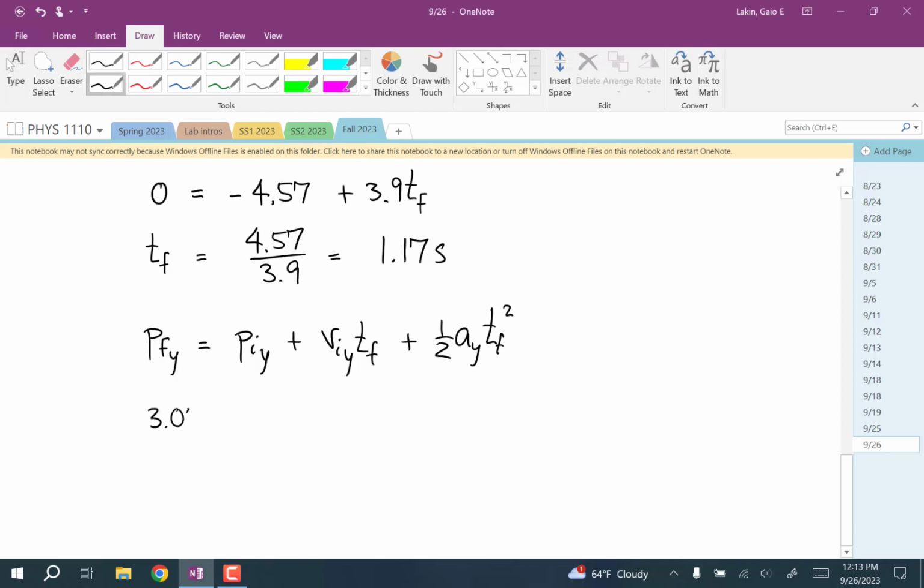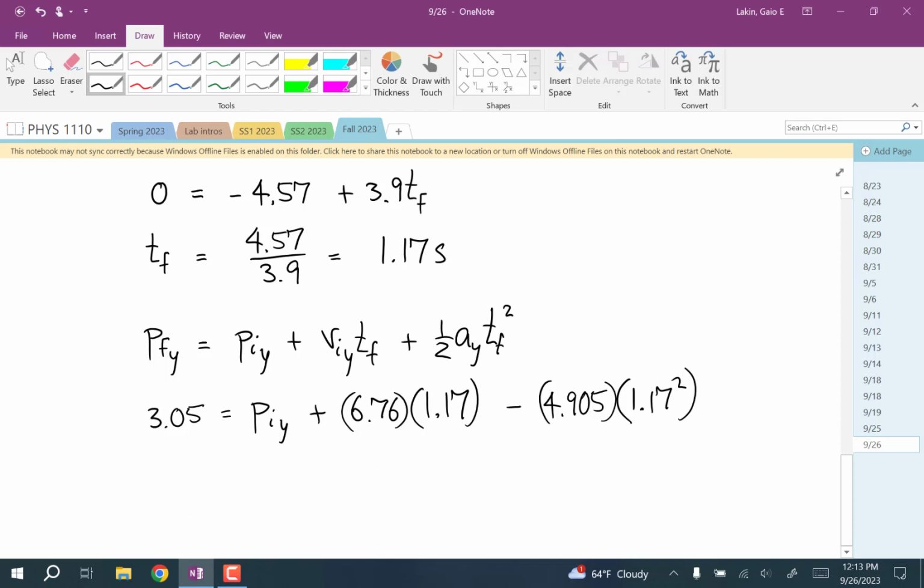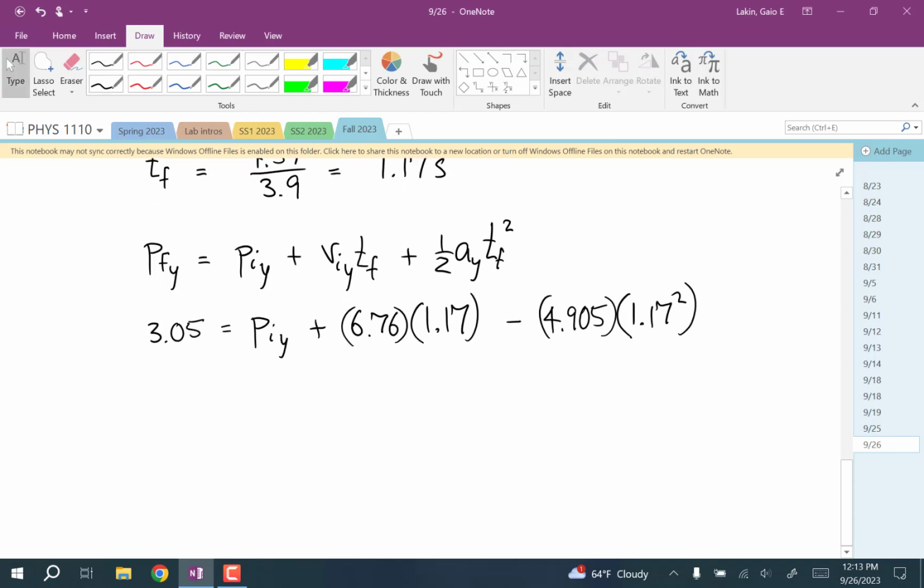So 3.05 is equal to PIY plus 6.76 times 1.17 minus 4.905 times 1.17 squared. And so you can solve for PIY, and I think what you get is 1.87 if I remember right.